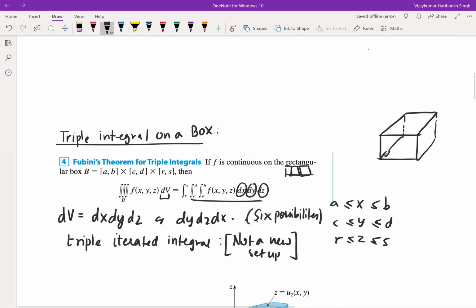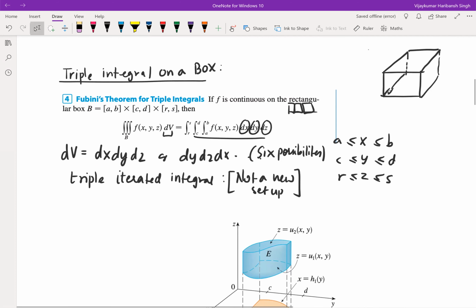That's not going to change anything. However, things become interesting when we talk about the triple integral over a 3D non-box region.